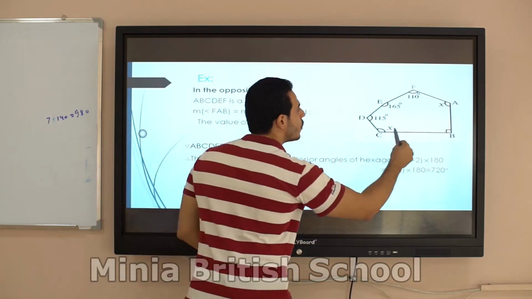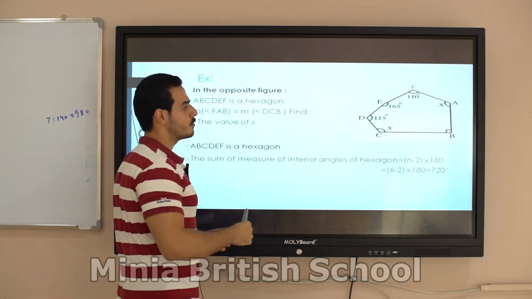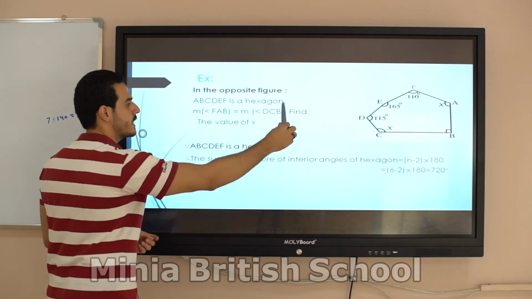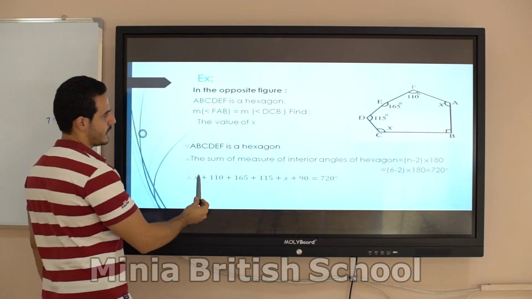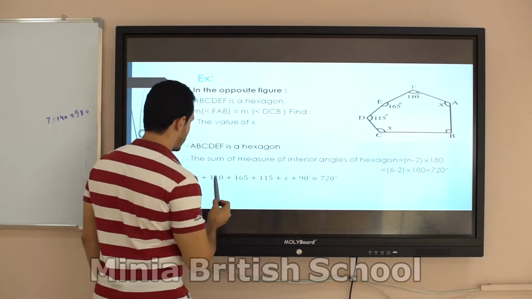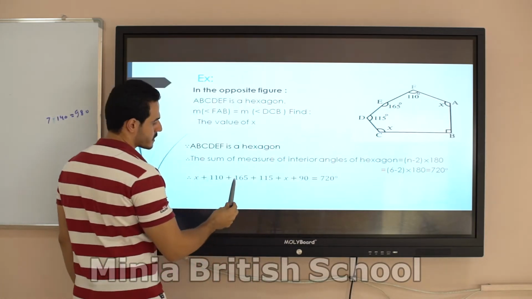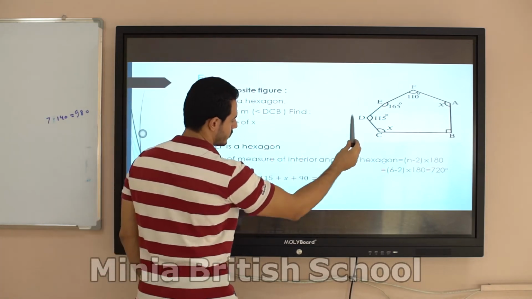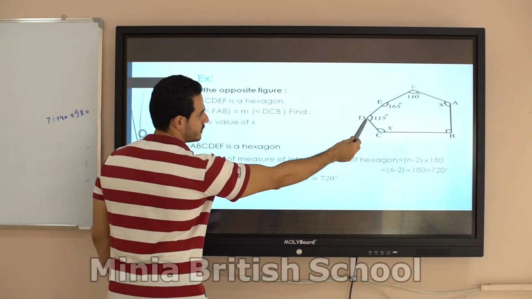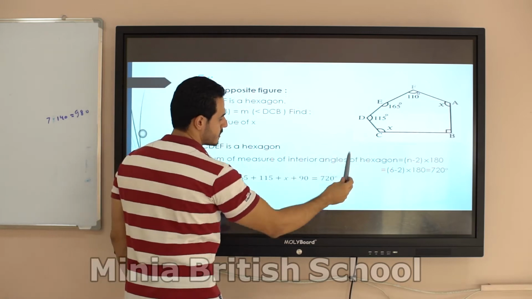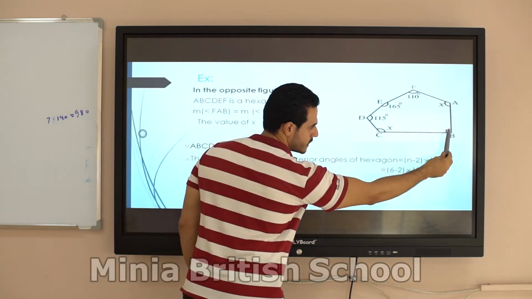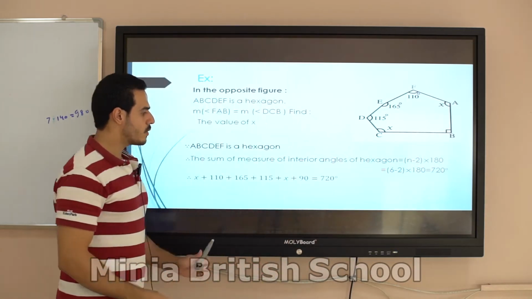Now I will add all the angles. So let's add all of them. x plus 110 plus 165 plus 115 plus x plus 90, because B is a right angle, equals what?